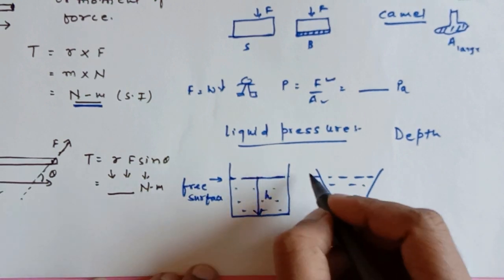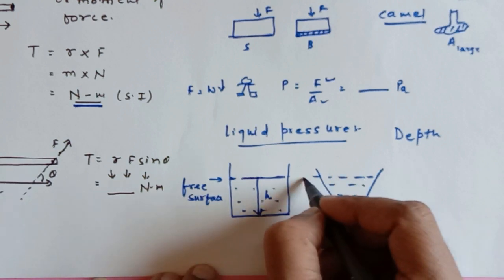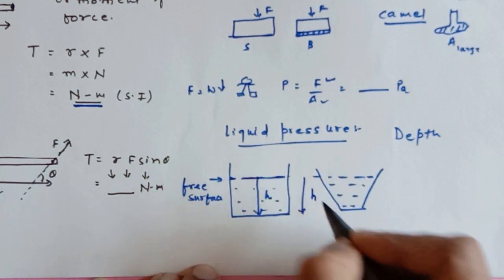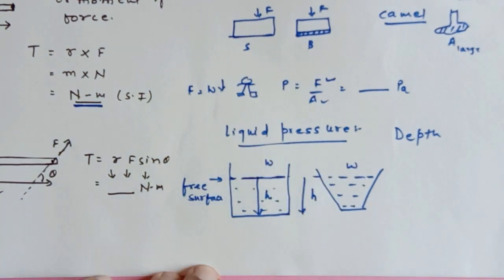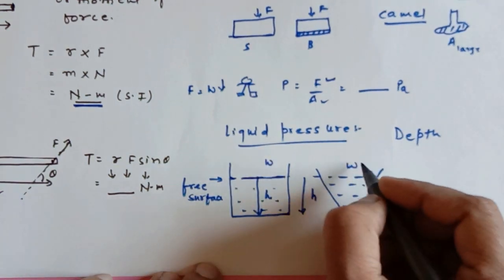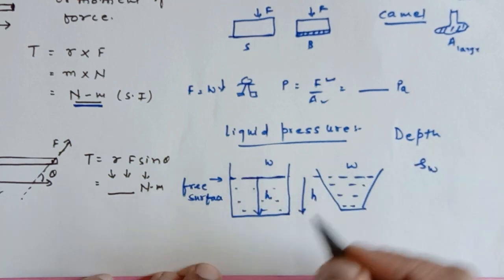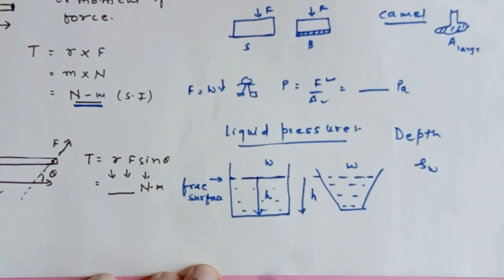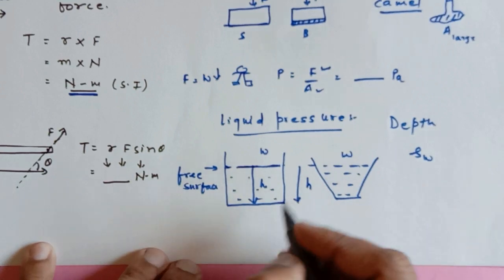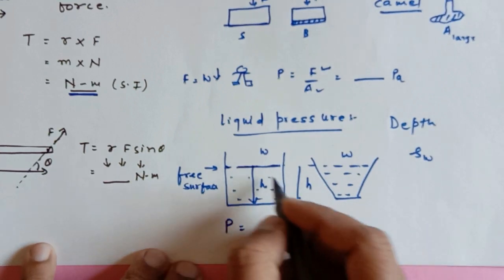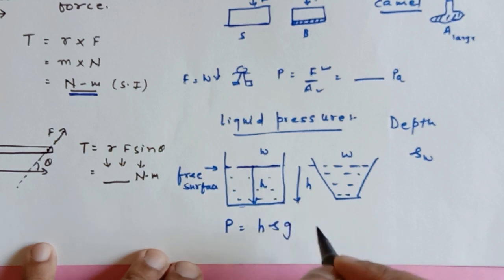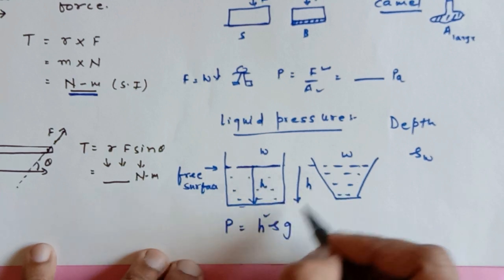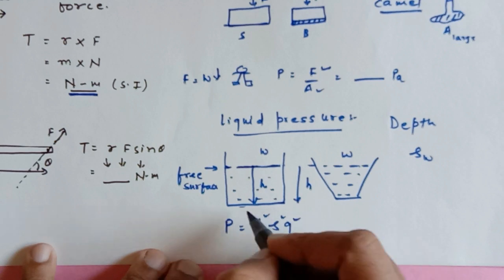Now from the free surface to the bottom is called depth. Suppose this is the depth. If I measure the depth from here, I would be getting the same answer, right? Assuming that water is over here and water is over here, the density of water is rho W. Depth is the same for both of them. Then the pressure exerted by the liquid at the bottom is equal to H rho G. Now H is the same for both, rho is the same for both, G is the same for both.